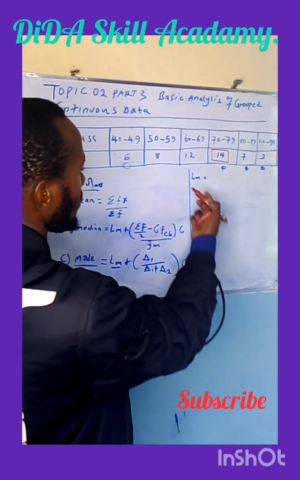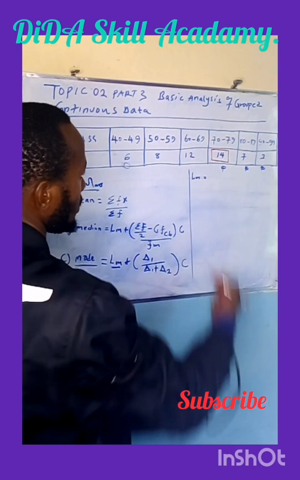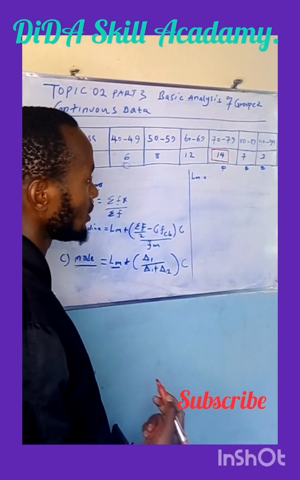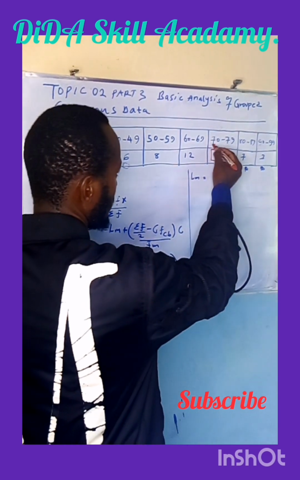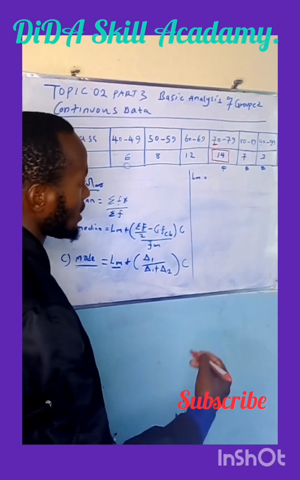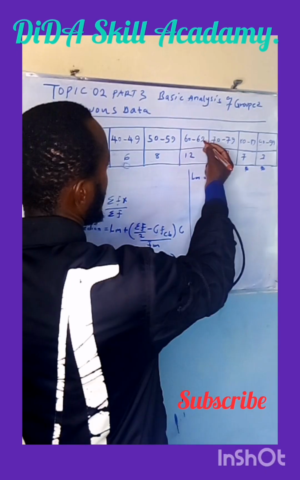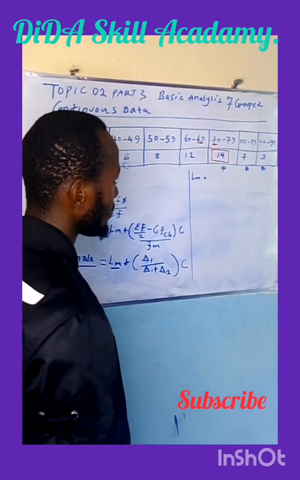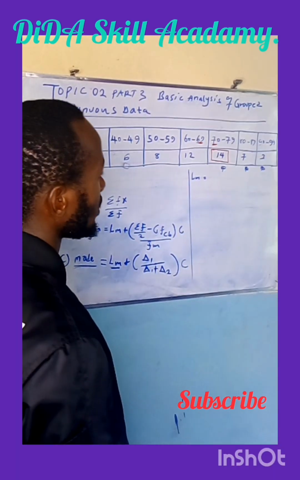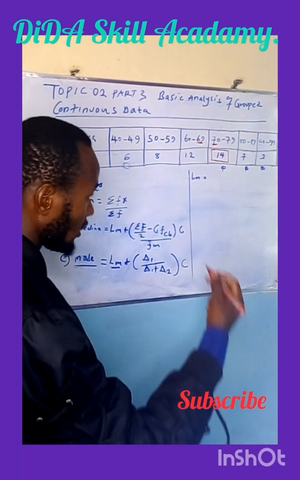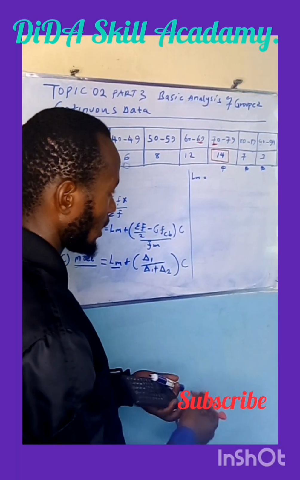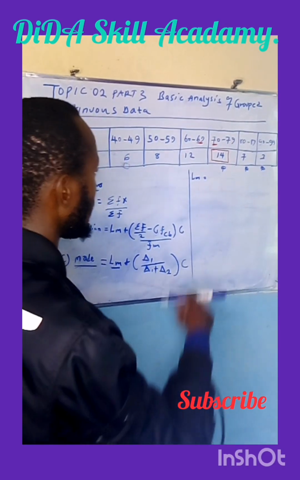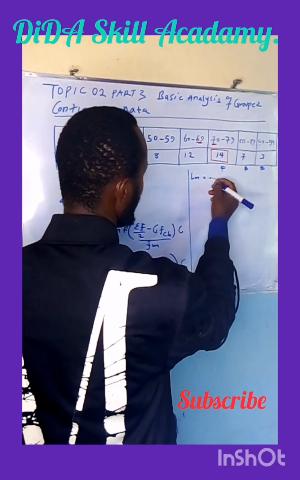Now to get the lower class boundary of the mode class, you take the lower class limit of the mode class and add the upper class limit of the class interval before the mode class, and then you get the average.